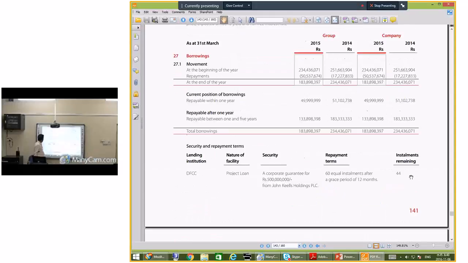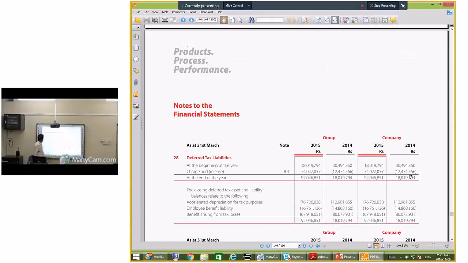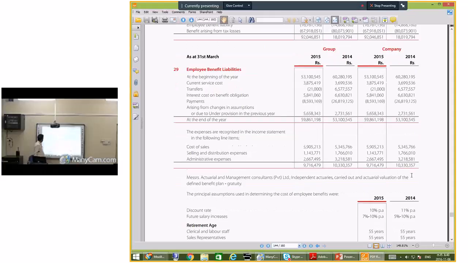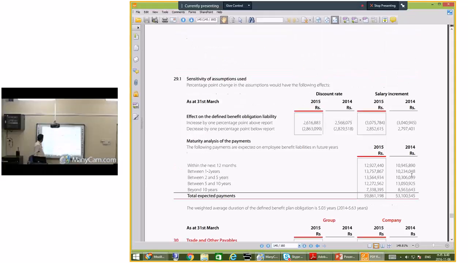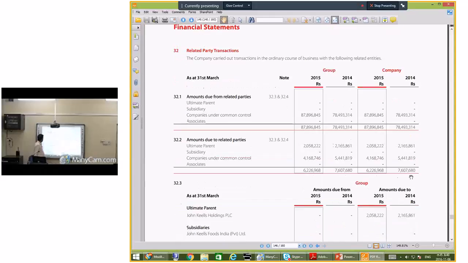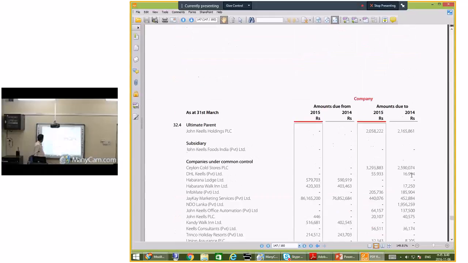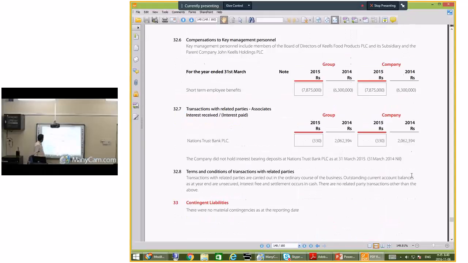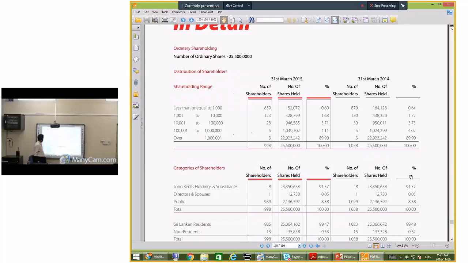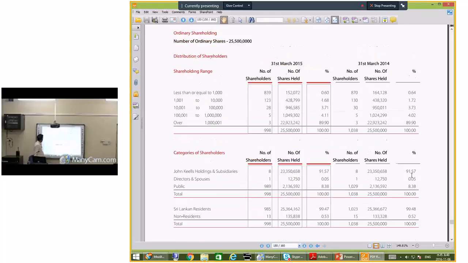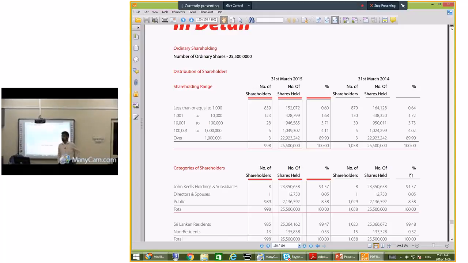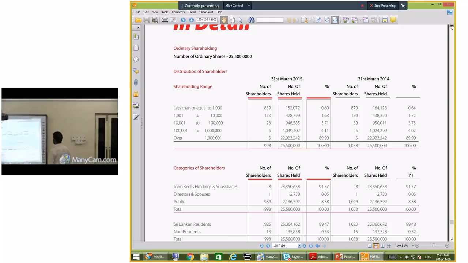This is regarding borrowings, deferred taxation, employee benefit liabilities, investment. I already uploaded this document, you can refer to it. This is also very important: the number of ordinary shares. If you move to this one, you can compare.